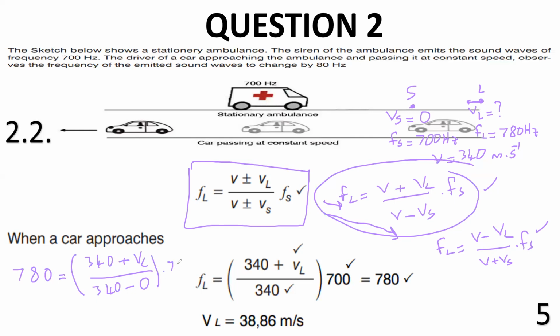And times 700. From now, you can just calculate VL from this equation, and you get VL as 38.86 meters per second. For the unit, we write meter per second like this. All right, so Doppler effect, day 10, question done.